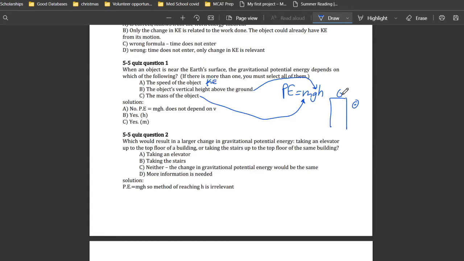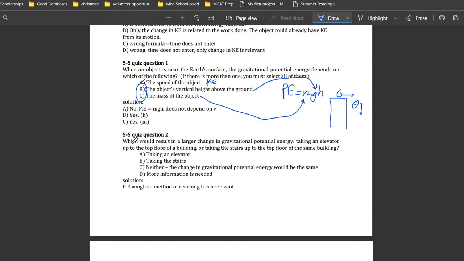So if it were rolling horizontally in the x direction, or if it had a speed of 100 meters per second versus 10 meters per second, that would not affect the potential energy. So A is false, but B and C are true because they are directly shown within this equation, and that is denoted by the solution here as well.